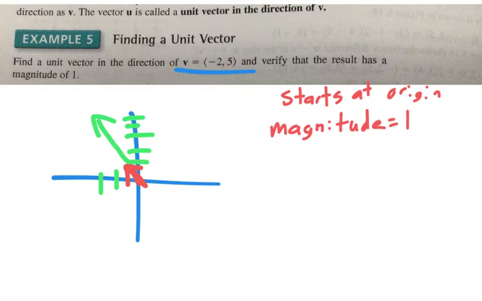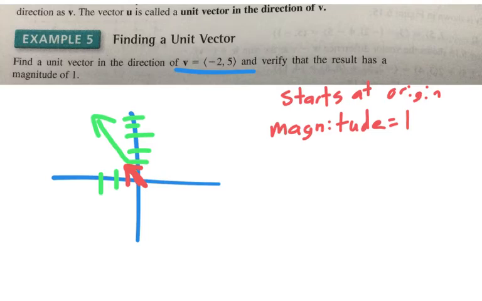So it would be like the red vector. It's pointing the same way, but now its magnitude is going to be 1. This green vector is the vector -2, 5. This red vector is my unit vector, where we have shrunk the magnitude to be 1, but it still keeps the same direction. So unit vectors keep the same direction.